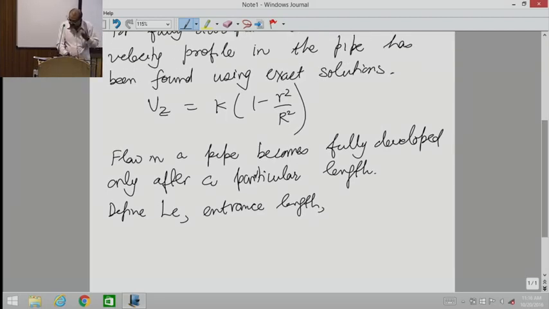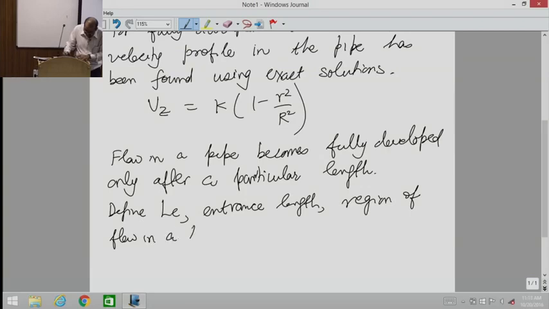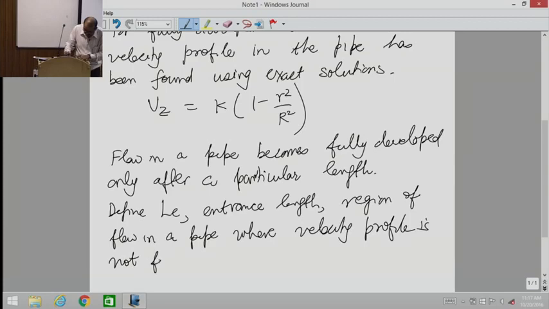We define the entrance length as the region of flow in a pipe where the velocity profile is not fully developed.